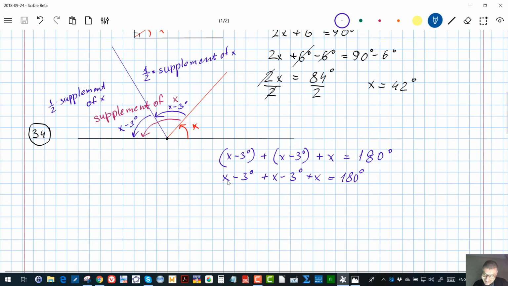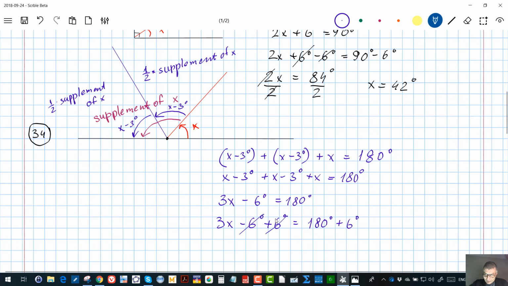Anyway, 3x minus how many 3's do we have? 3 and 3 makes 6 degrees. It's 180. So then we do the usual thing. 6 plus 6 degrees. We isolate 3x. Then you know the procedure.